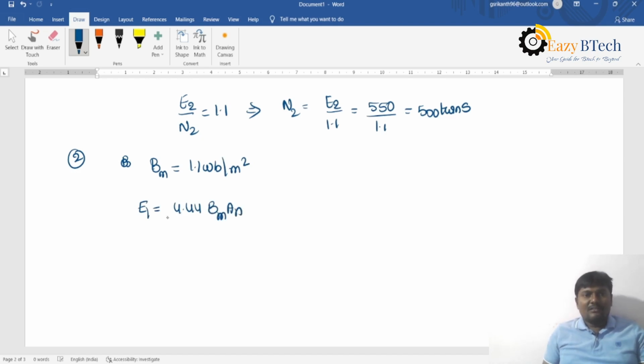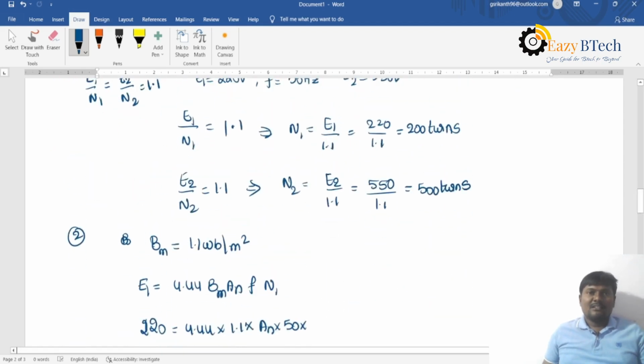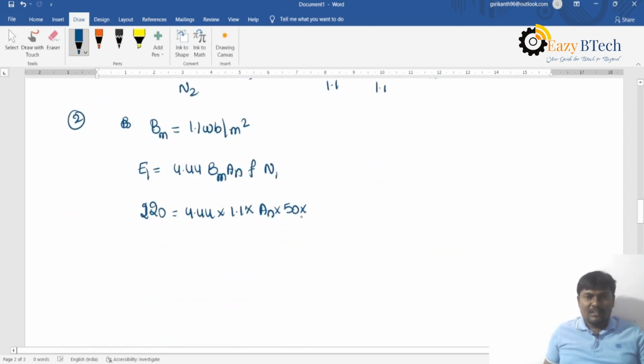E1 is equal to 4.44 B max into A n into F into N1. The E1 value is 220 is equal to 4.44 into B max into 1.1. The net cross sectional area is the unknown quantity, the frequency is 50 Hz and N1 is 200 turns.